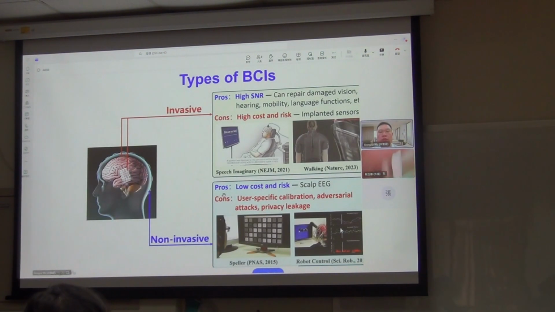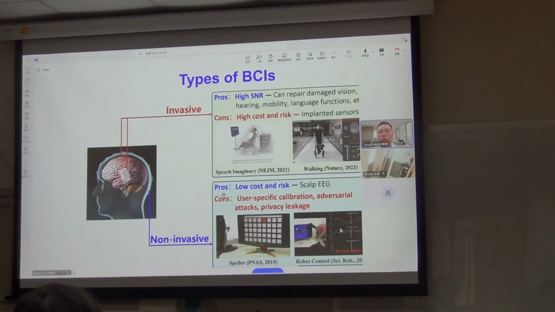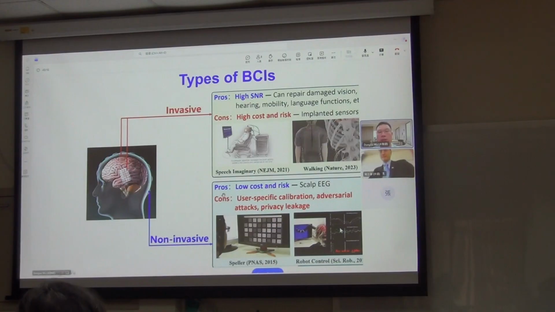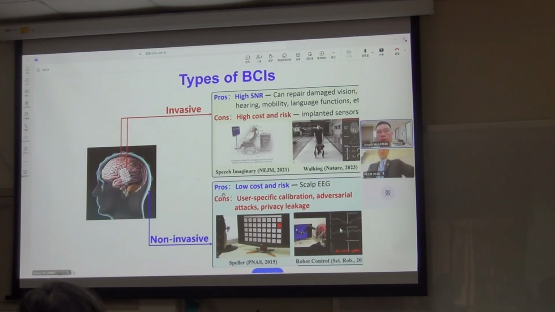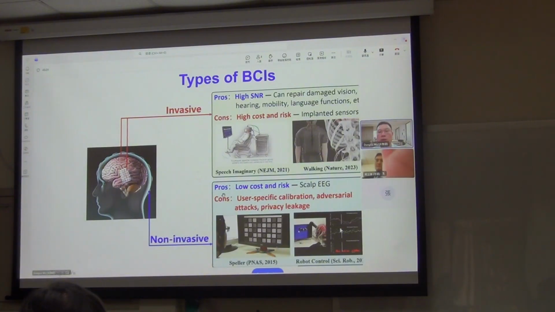Generally, there are two types of brain-computer interfaces. The first is invasive. Its advantage includes high signal-to-noise ratio. We know that there are billions of neurons in our brain, and current invasive sensors can collect a spike signal from a single neuron. So it has very high signal-to-noise ratio, and invasive BCIs can be used to repair damaged vision, hearing, mobility, or language functions.